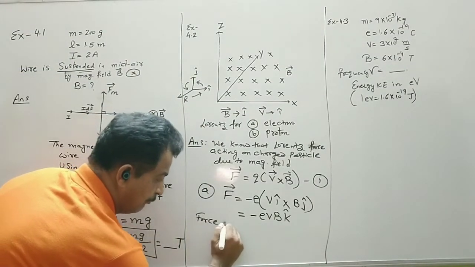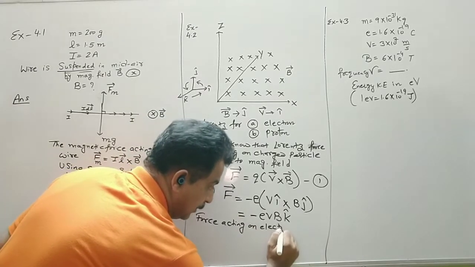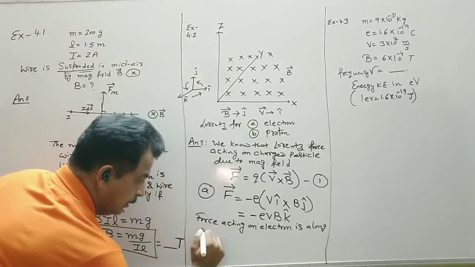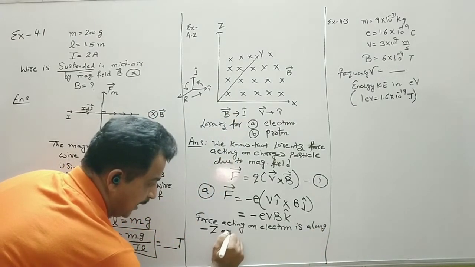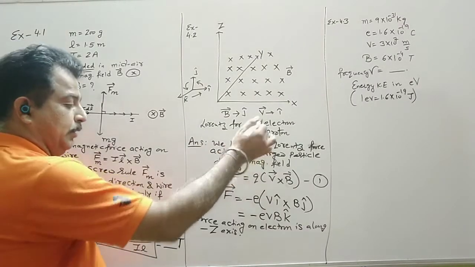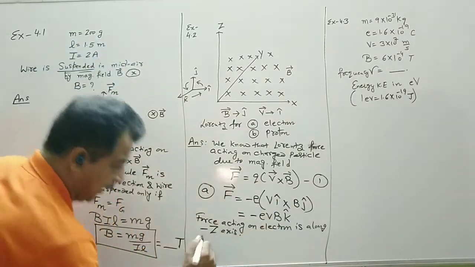So the force acting on an electron is along the negative z axis. Similarly, if we take a proton, there will be a difference of this sign only.